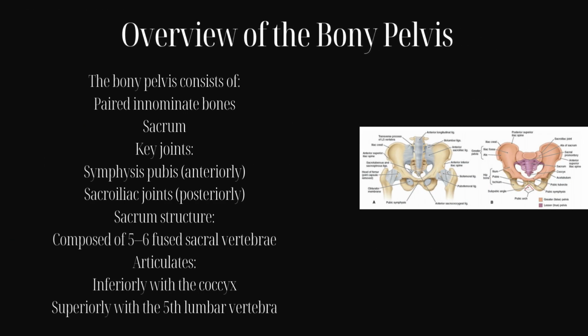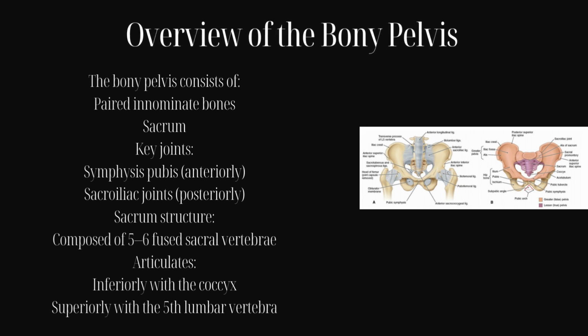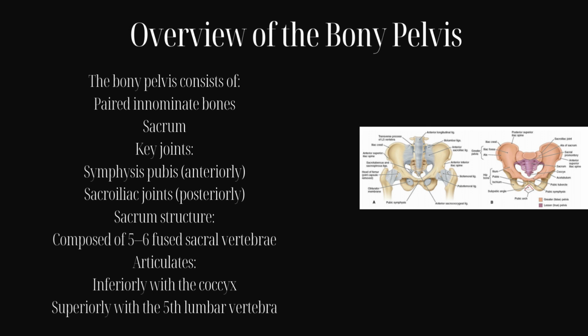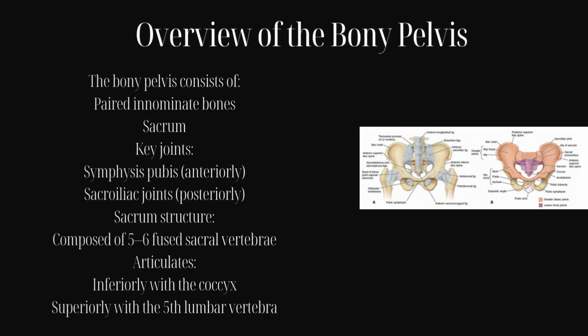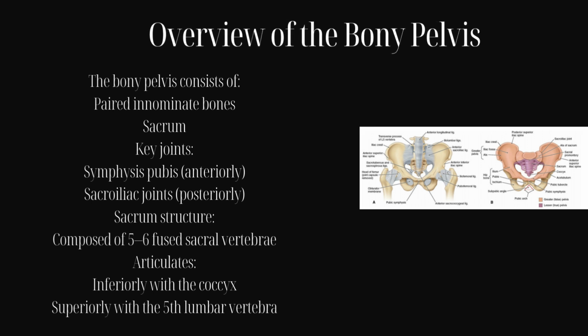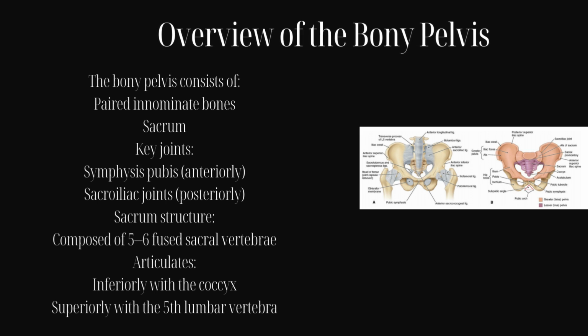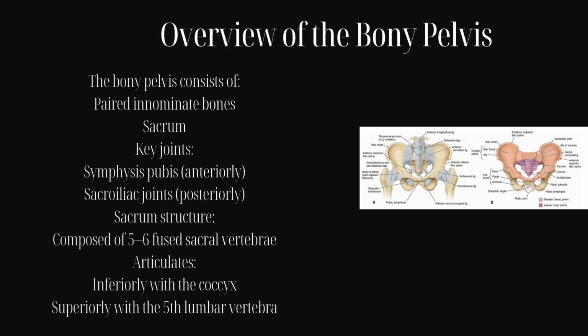The bony pelvis forms the structural foundation of the pelvis and consists of three major components: the paired innominate bones and the sacrum. The innominate bones join at the symphysis pubis anteriorly and articulate with the sacrum through the sacroiliac joints posteriorly.